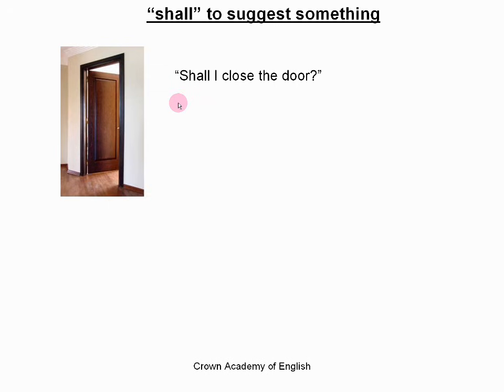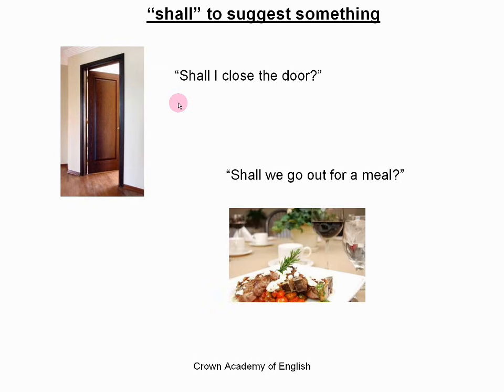We are suggesting it. Or we might say to our husband or to our wife, shall we go out for a meal? It is a suggestion to go to a restaurant for a meal. So when we use the word shall in the question form, this is a suggestion.